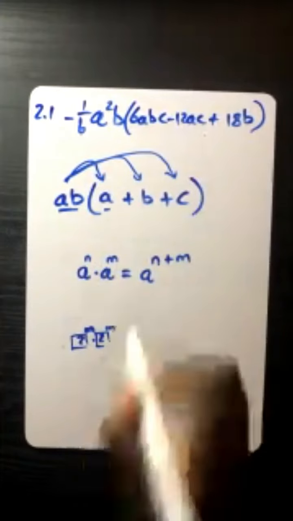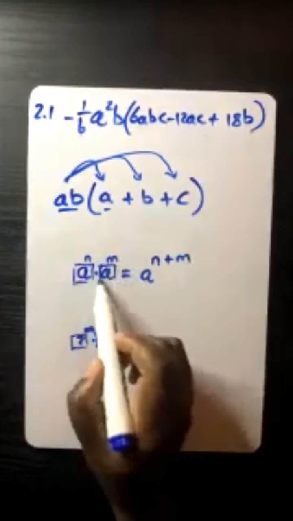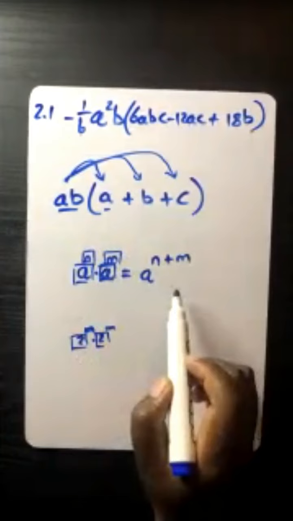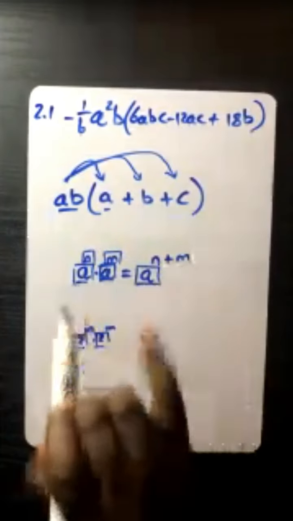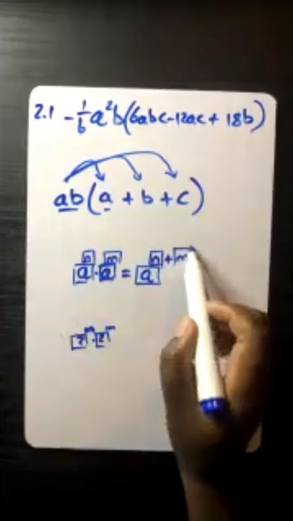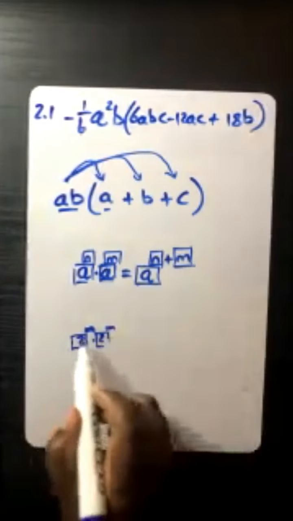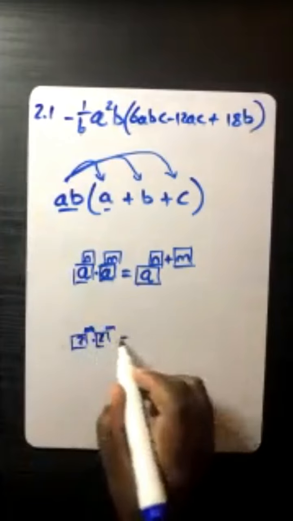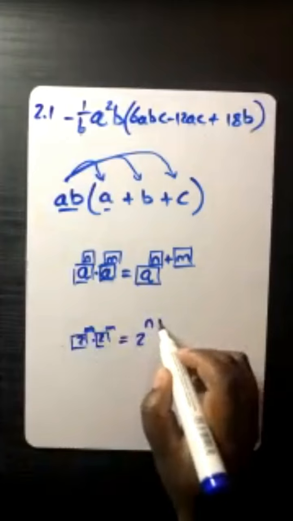So that is the reason why the base is A, the base is A, the exponent is n, the exponent is m. That's why you just write one base to the exponent, and you add those exponents. Let me give an example. Now that we've got 2 to the exponent n and m, this is the same as 2 to the exponent n plus m.